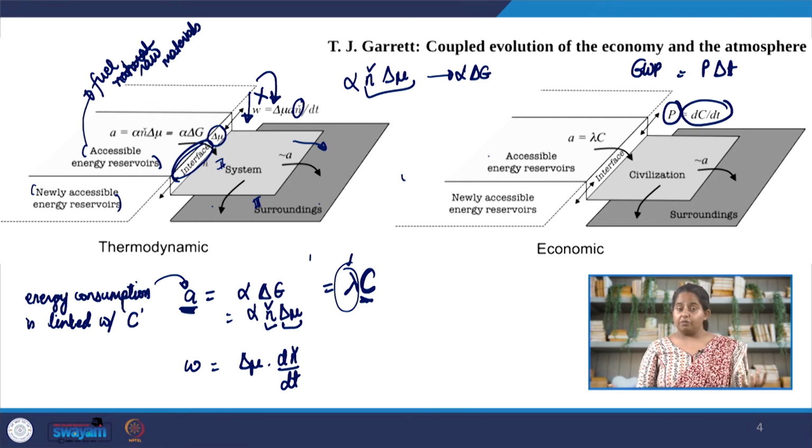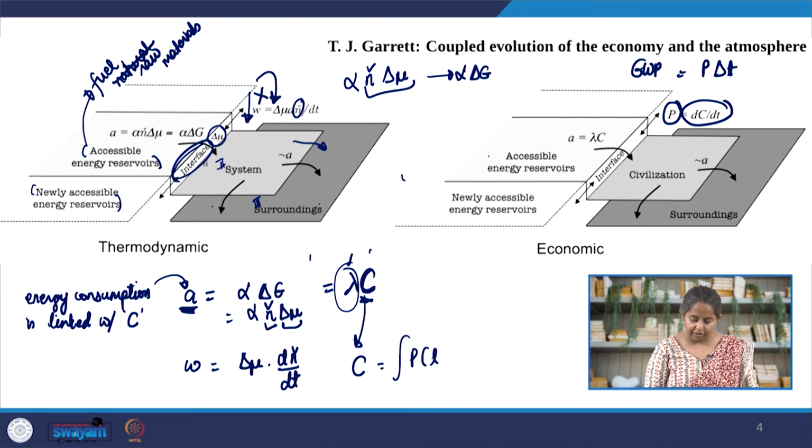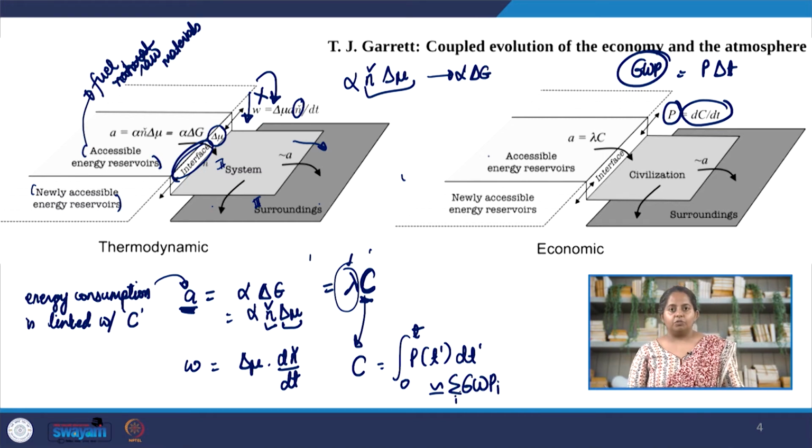So, this is another very important part of the model, which is that we can define C, the wealth here, as an integration of economic productivity over time, or a summation of gross world product over time. So, if we add the gross world product of all the time since humanity has existed, we will find the net wealth of human civilization.